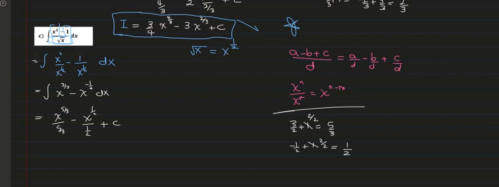We can rewrite this in a more convenient form, because 1 over 5 over 2 is equivalent to 2 over 5, right? These are equivalent forms, so we can rewrite 5 over 2 in the denominator.